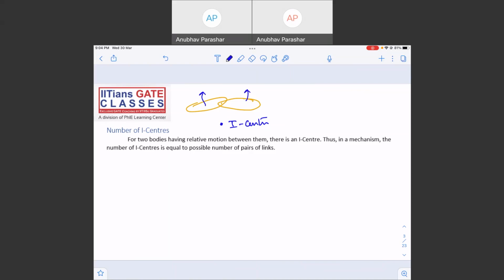You consider any two links that are part of a mechanism, there will be an I center. What is the formula for how many total I centers a mechanism can have?